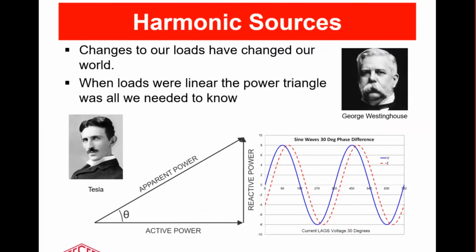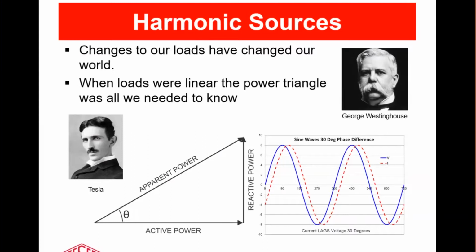The world was relatively simple, with only linear loads, and we'll talk about that in some detail a little bit later. You had sine waves. Motors or capacitors shifted the sine wave, but it was still a sine wave. And so we had a simple world.